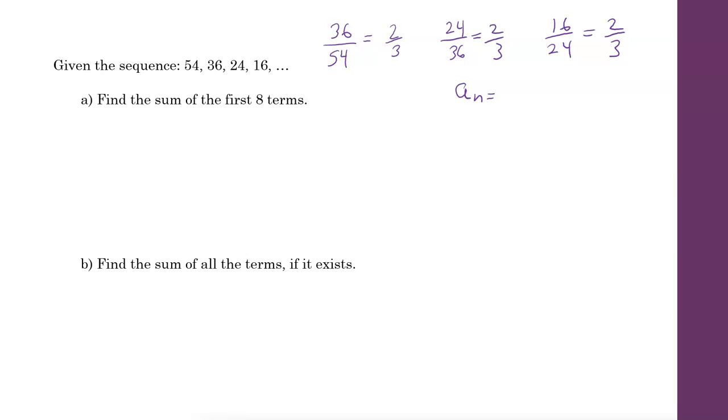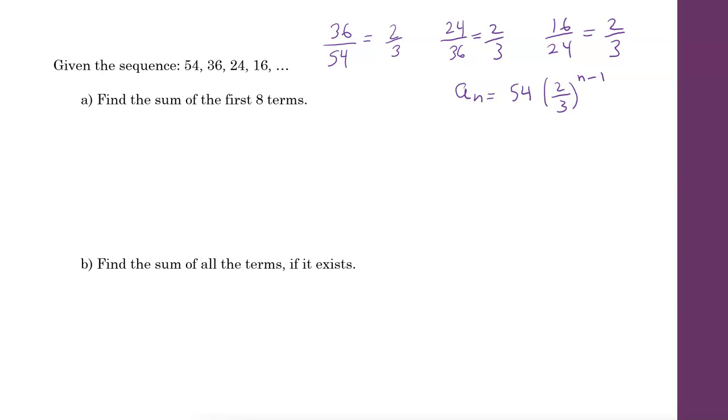A sub n would be my first term, which is 54, multiplied by my common ratio, which is 2/3, to the n minus 1. Right? So that would be the formula for our geometric sequence.